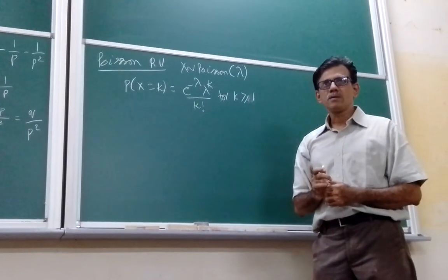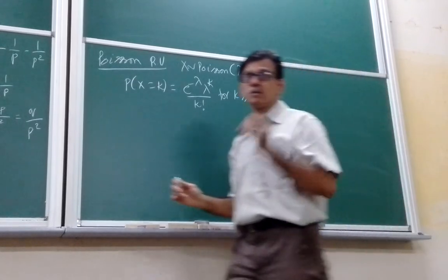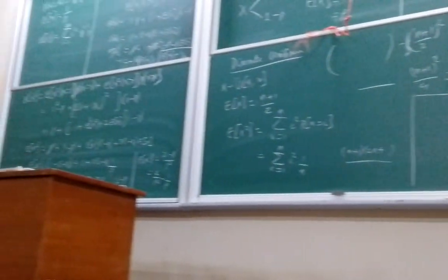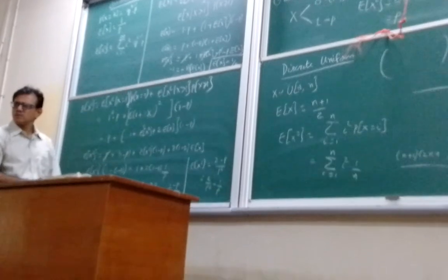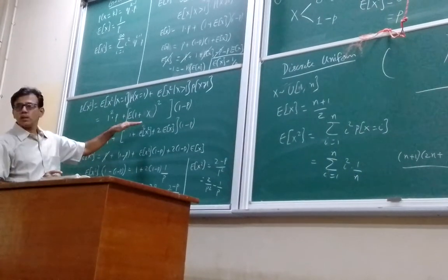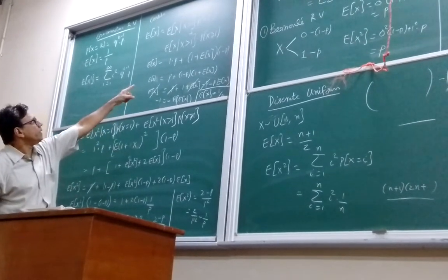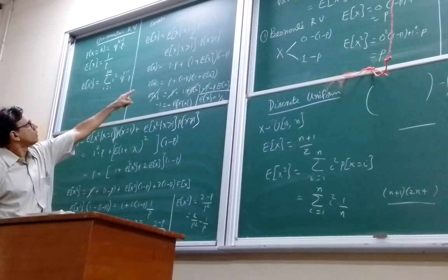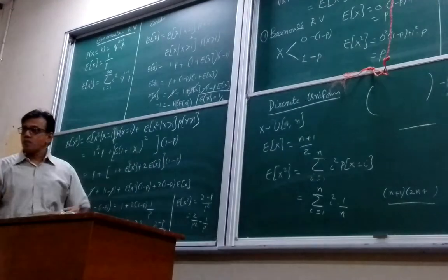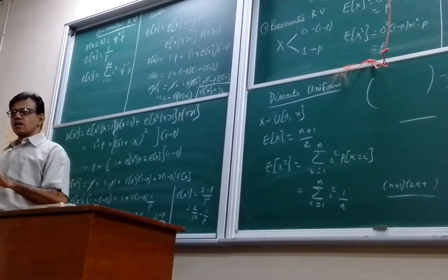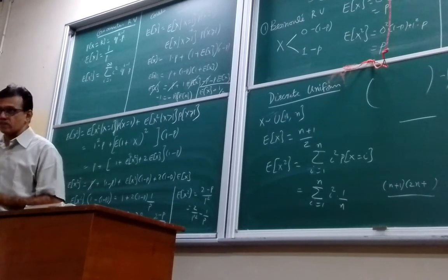Integer, yes. Could you please explain that E of 1 plus x whole square? Why is it 1 plus E of x? In the upper part, why is it 1 plus E of x into 1 minus p? Which one? This one? E of x equal to 1 into p, plus why is it 1 plus E of x? Yeah, because you know the condition is success has not occurred in the first trial.